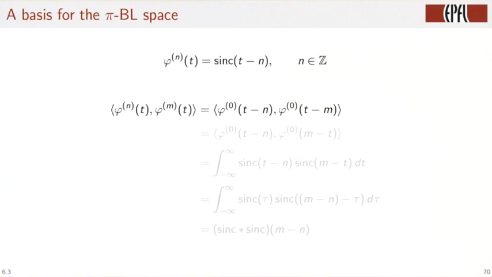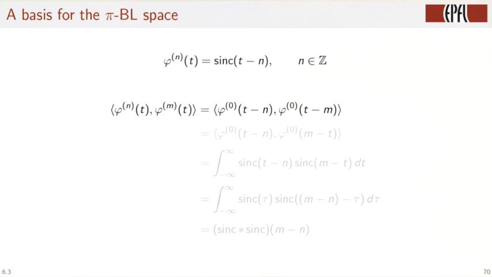Let us prove that the sinc function and its shifts by integers is an orthonormal basis for the π band-limited space. For this, we need to show that the inner product between φn and φm is going to be equal to 1 when n is equal to m and 0 otherwise. So let's write this inner product between φn and φm.